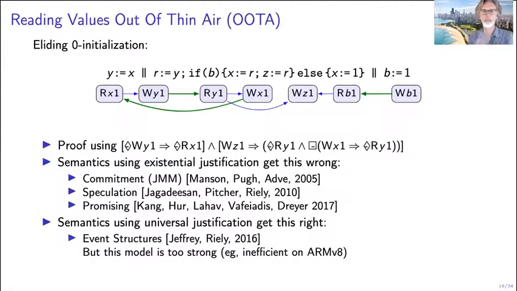There are other kinds of semantics that get this right, and I did one of those in 2016, but it's worth pointing out that these models are all too strong. What that means is they don't allow enough executions, and this means they can't be efficiently implemented on hardware. So you're kind of between a rock and a hard place when you come to memory models.